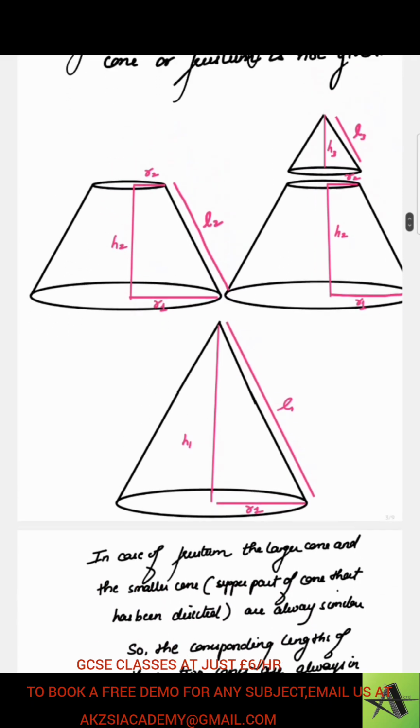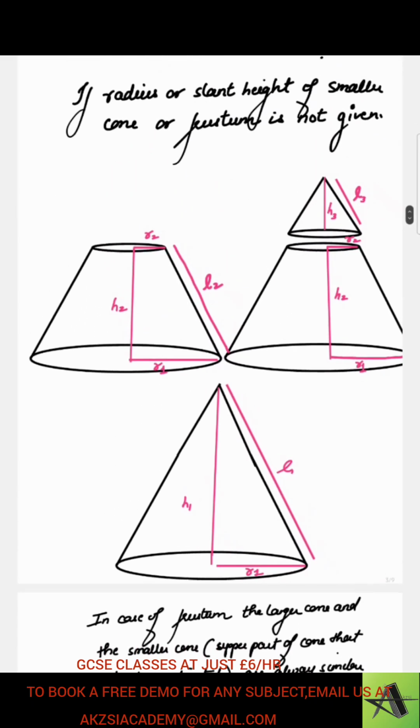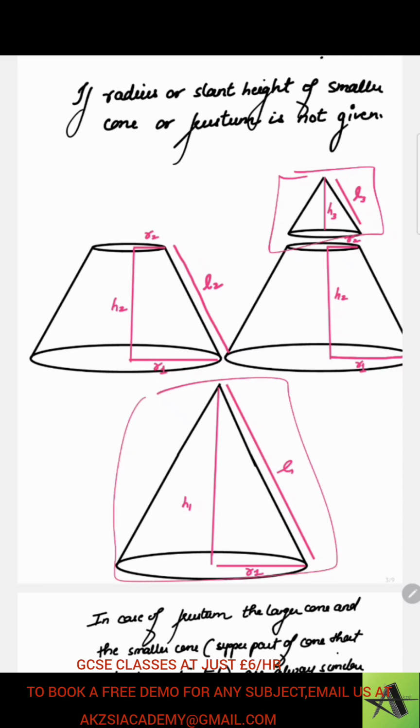See, I can say if these two are similar. Which two? This smaller and this bigger cone. So the corresponding sides will be in ratio. That means this L3 over L1, because corresponding sides both should be slant height.